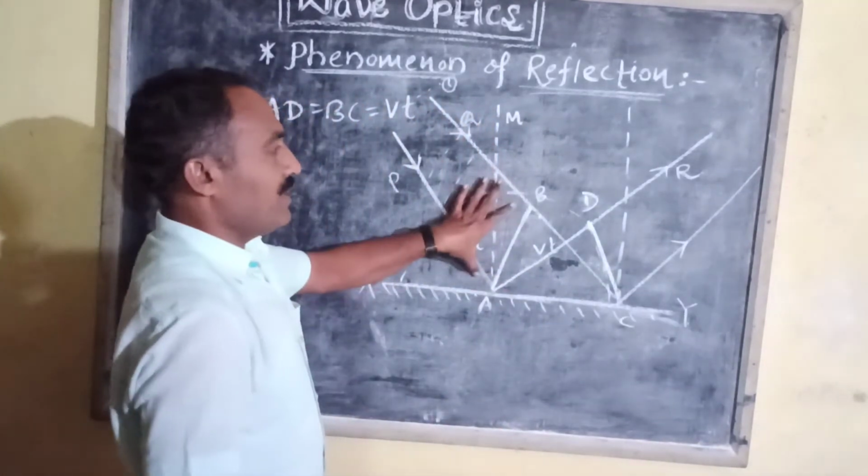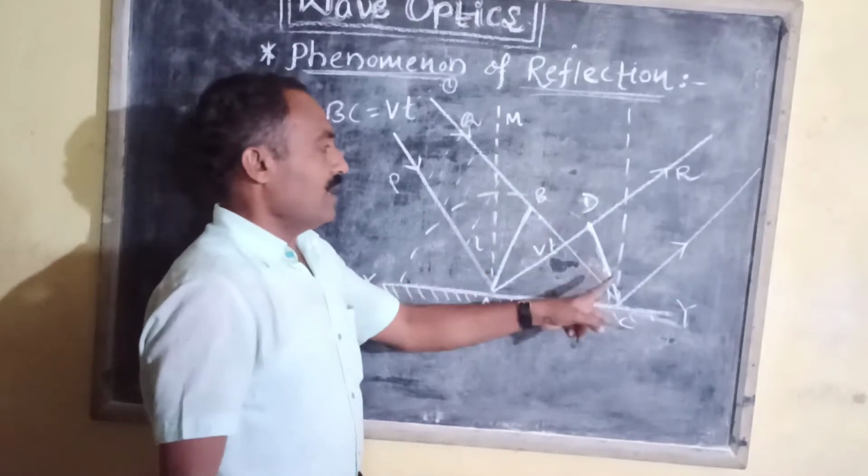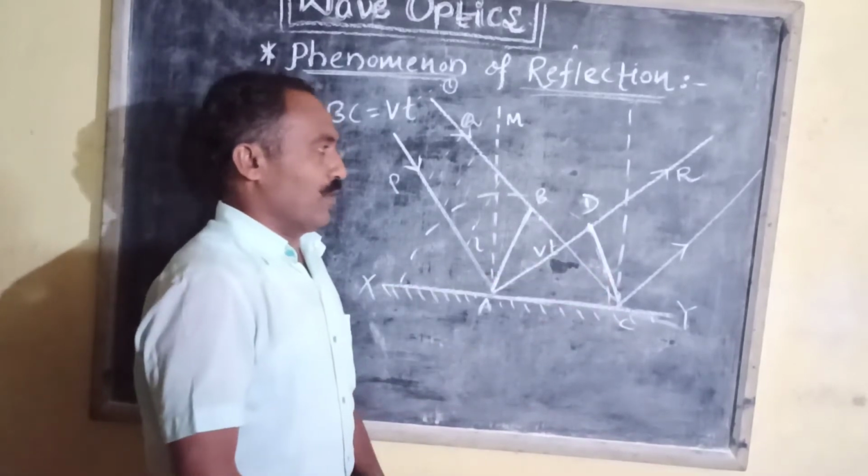That means AB is the incident wavefront and CD is the reflected wavefront.